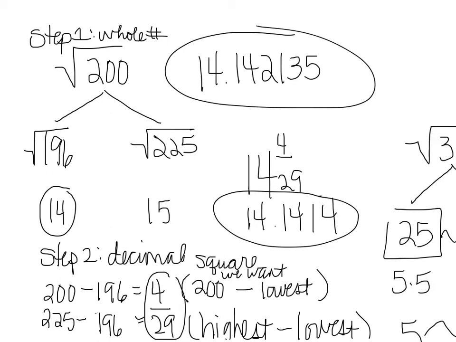Let me go through the steps one more time. Step 1, you're going to first find your estimated whole number. Where do you get it? If you rounded it, it would be 0.138. 4 divided by 29 gives you 0.138, right? 0.137, okay. But what I did, I put 14 here, Ben, because that was the whole number I had from step 1.